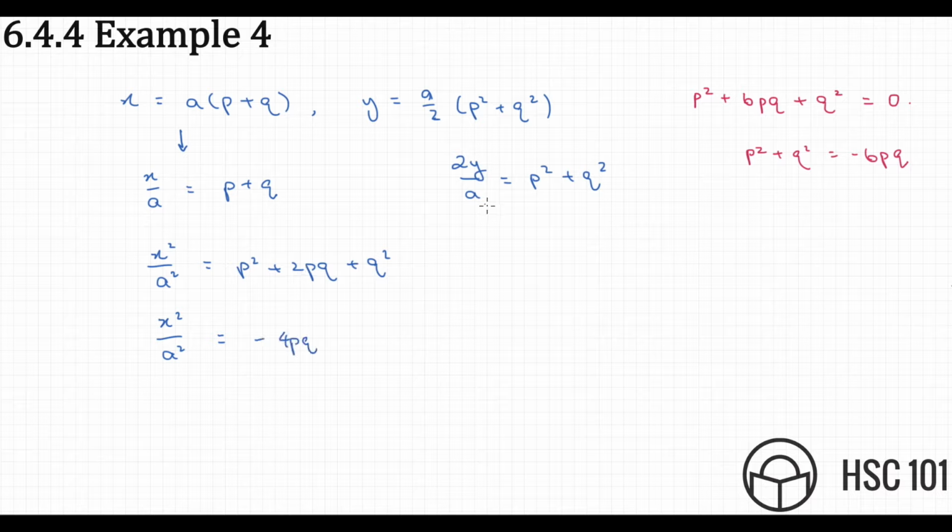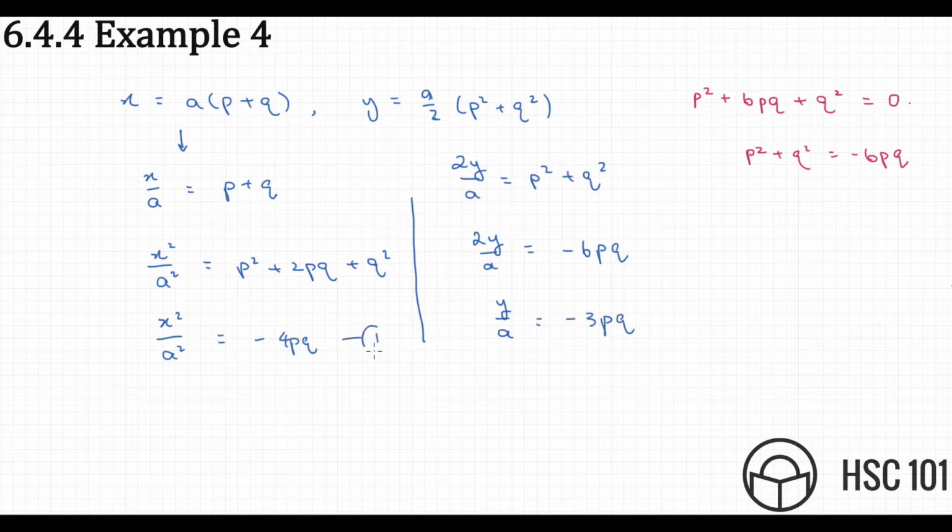And with 2y over a equals p squared plus q squared, I can say that 2y over a equals negative 6pq, and everything becomes very nice. I can simplify further by dividing both sides by 2, so y over a equals negative 3pq.